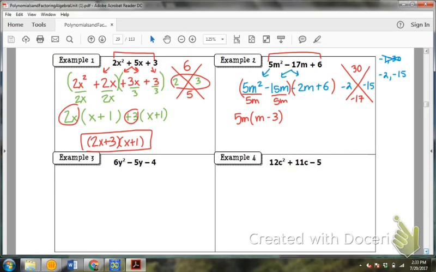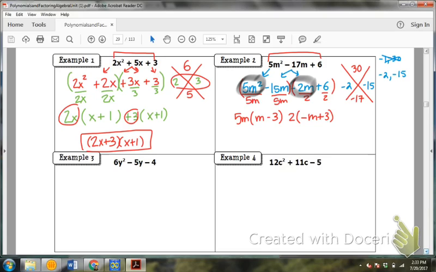Okay, and then in the second group, what are we going to pull out? 2. Okay, if I pull out a 2, that leaves me with negative m plus 3. Do you guys see that my parentheses do not look the same? I have a negative m plus 3 and I have an m minus 3. Here's the rule. If the first term in the group is negative, you always pull the negative with it.